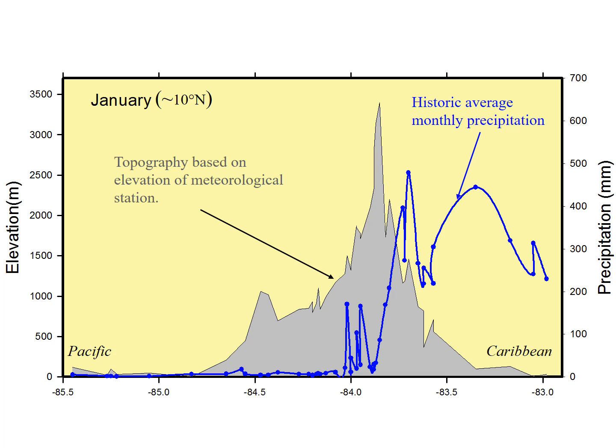This figure here is a little complex. It's the result of a cross-section of meteorological stations across Costa Rica, stretching on the x-axis from the far left at the Pacific coast to the far right on the Caribbean coast. The shaded grey area indicates the elevation in meters at which the meteorological station is recorded.